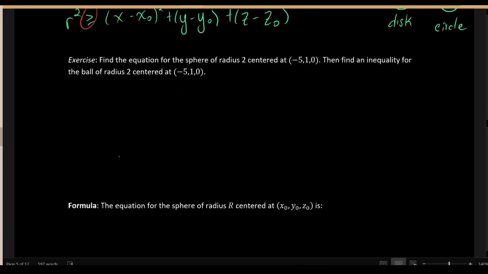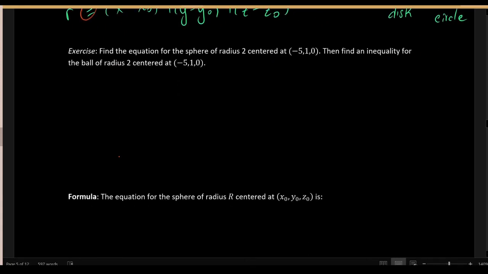Let's go ahead and find the equation for the sphere of radius 2 with a center -5, 1, 0. Then let's find an inequality for the ball of radius 2 with the same center.